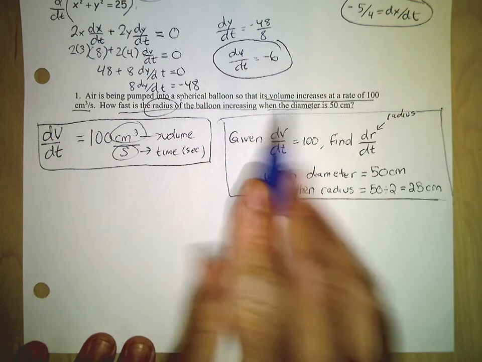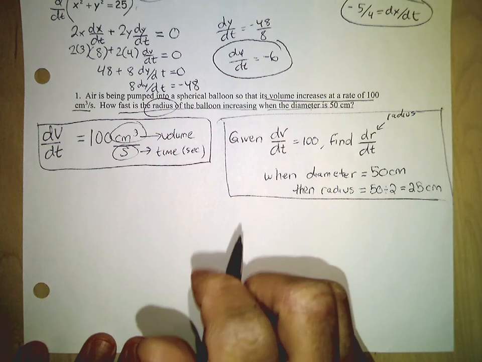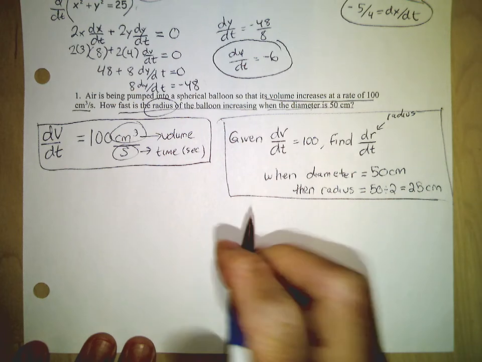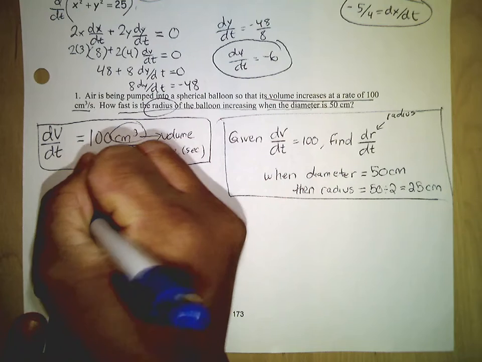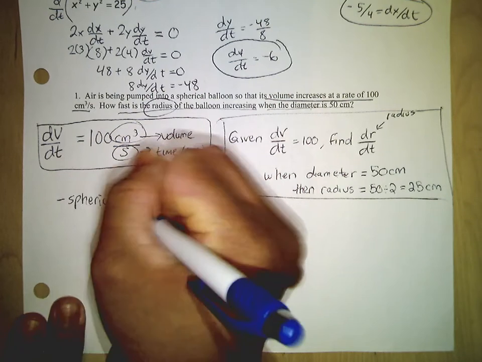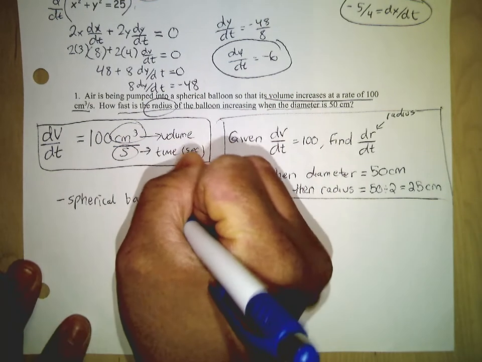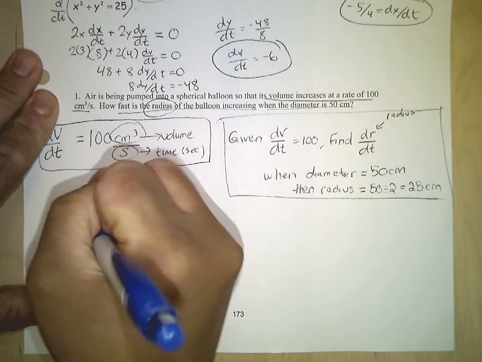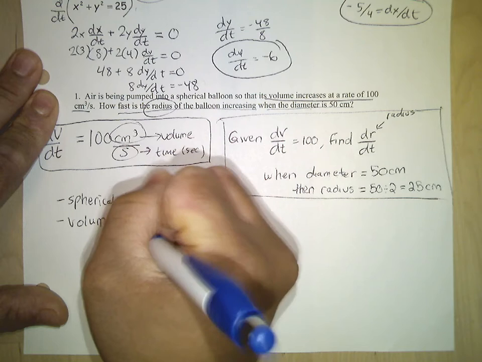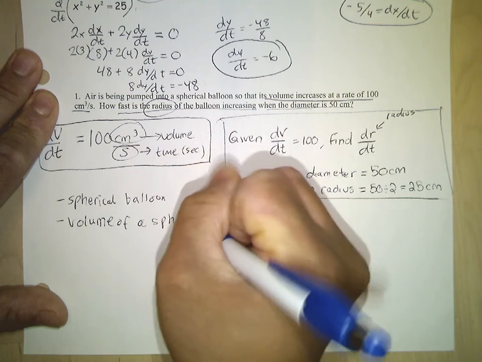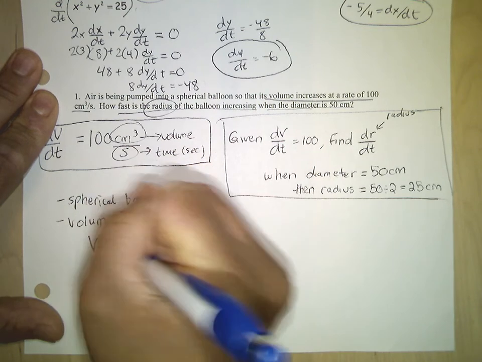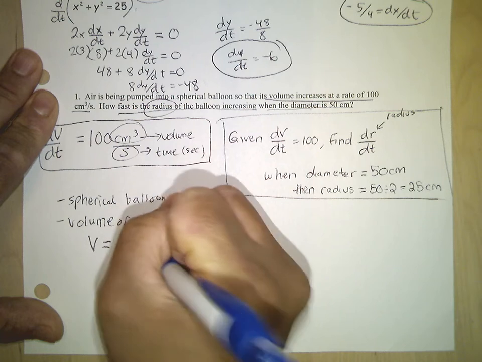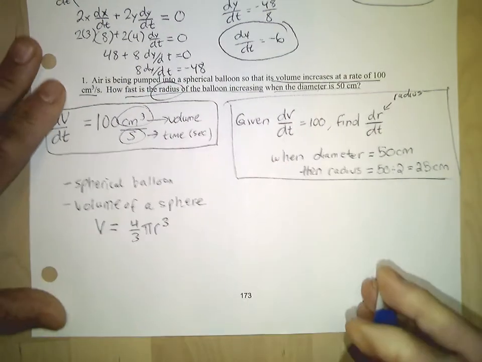So this setup is similar to the setup of the two problems we just did, but we had to write down the notation ourselves. Now we still need to find the equation. Because this was a spherical balloon, we know that the volume of a sphere is V equals 4/3 pi r cubed.